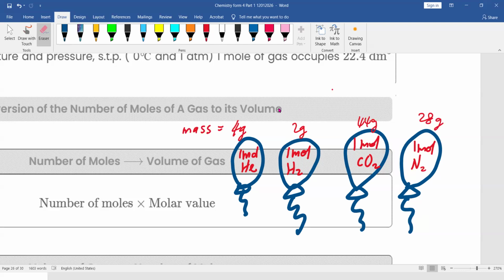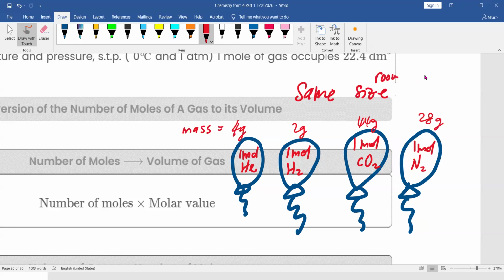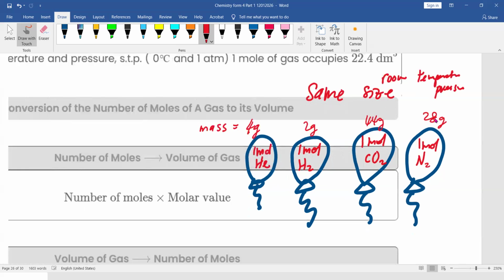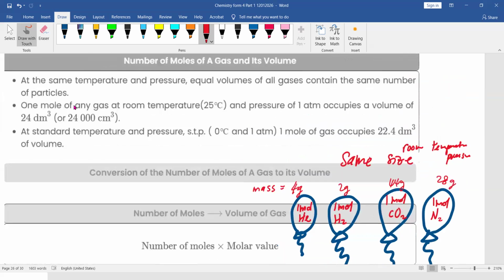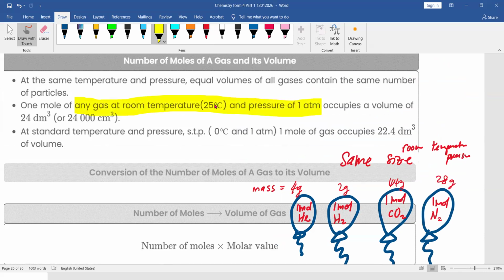They are all different mass, but they are all the same size, meaning 24 decimeter cube. If it's at room temperature and pressure, known as RTP, 1 mole of any gas at room temperature, 25 degrees Celsius, and pressure of 1 atmosphere occupies 24 decimeter cube.